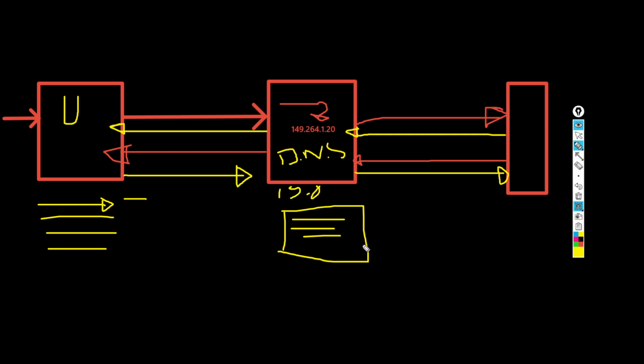Another example is the mobile phone. We save most of our contact numbers by name. If we want to call someone, we don't type the number. We simply type the name, and the other person will receive the call.